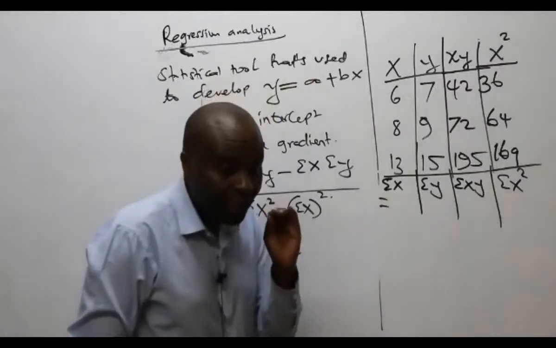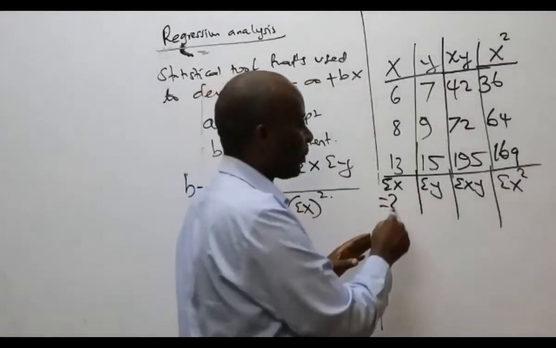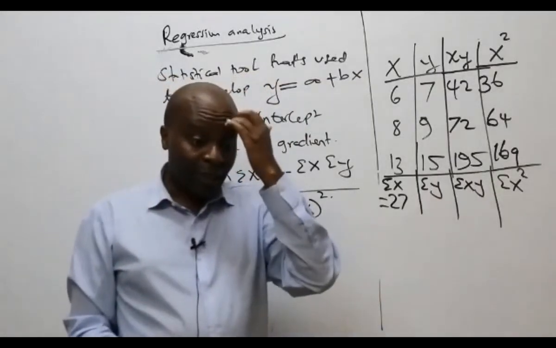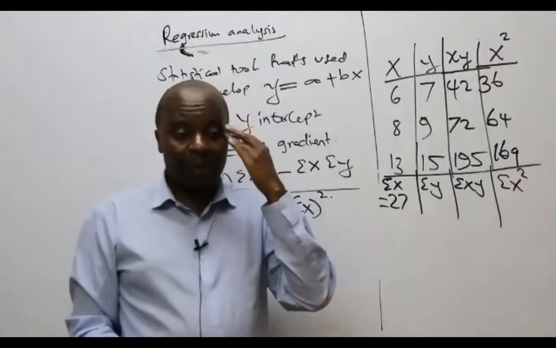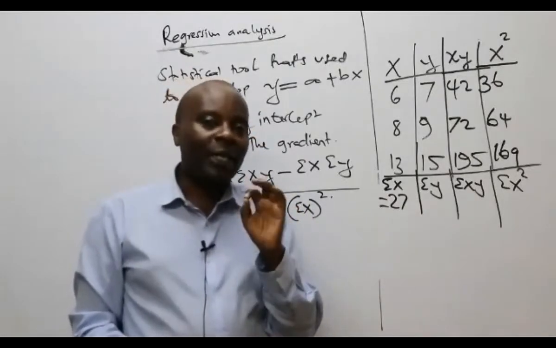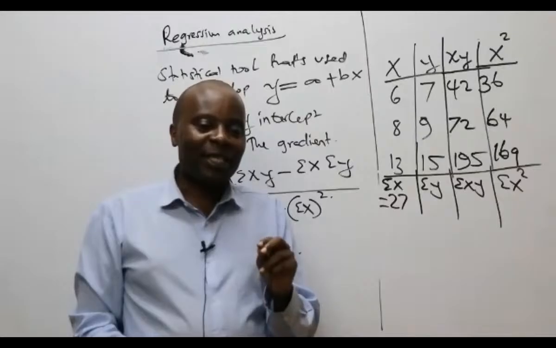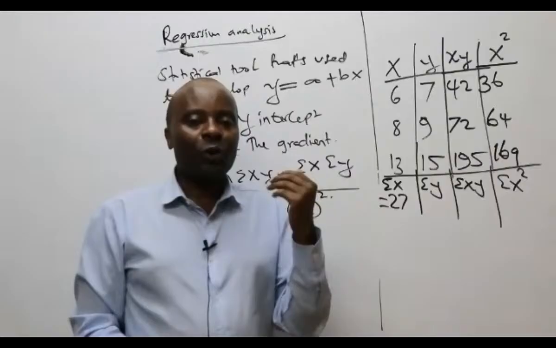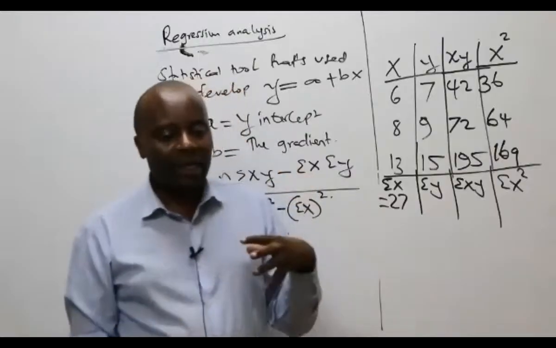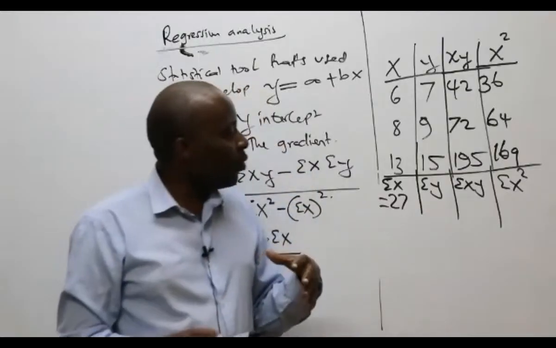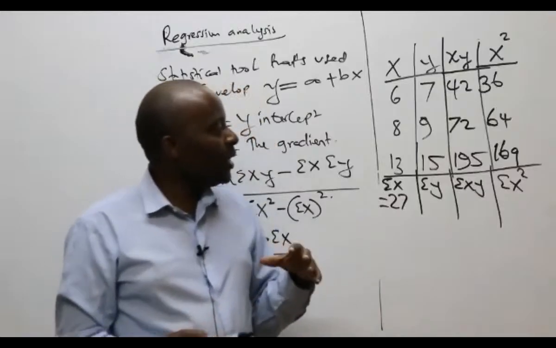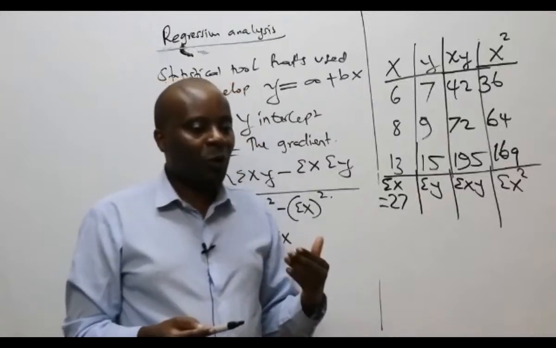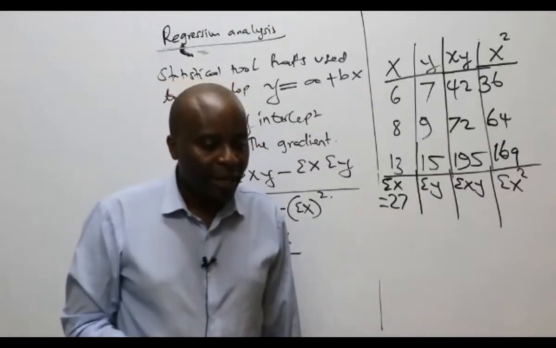So according to Sharon, the first one, summation of x, is 27. How about the other students? Please help me out. And of course, I know I'm a little bit fast, simply because if I move very slowly, there are students who had watched a video of this who will really be bored. I have to balance. Fatma also says 27.